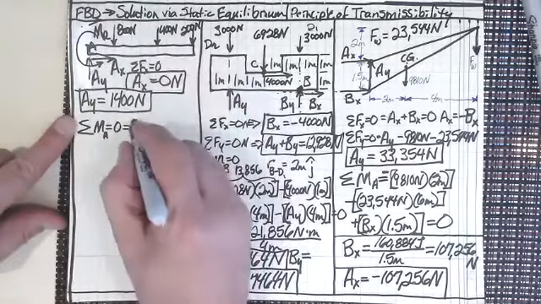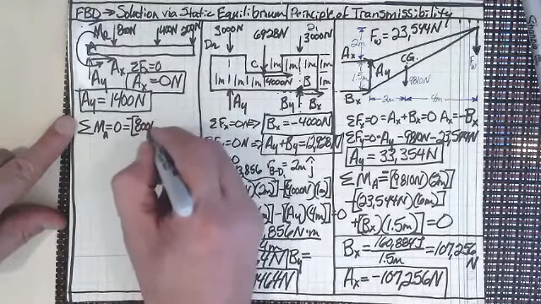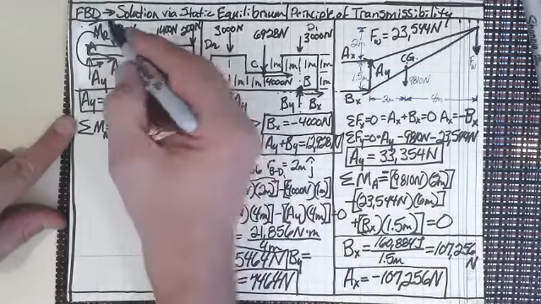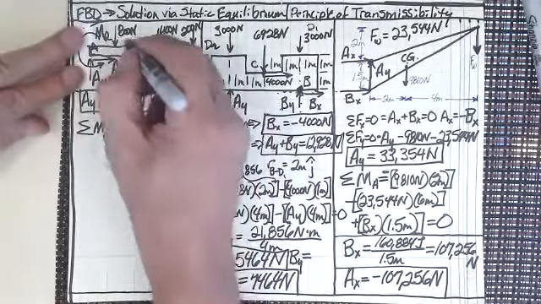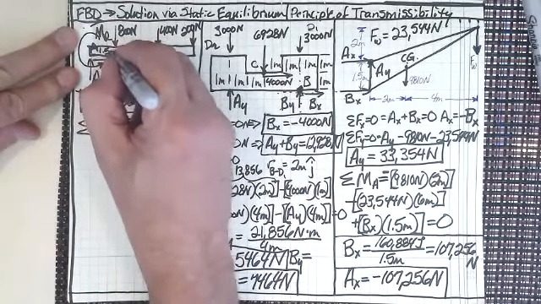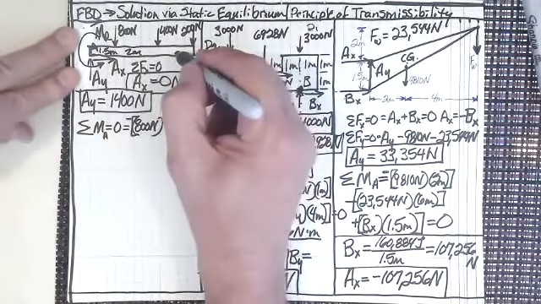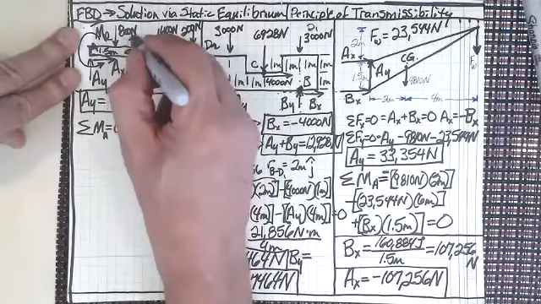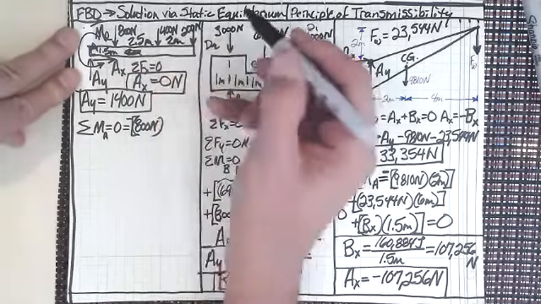We've got a negative 800 newtons times, I should put the distances on there: 1.5 meters to there, and then 2.5 meters there, and then 2 meters there.